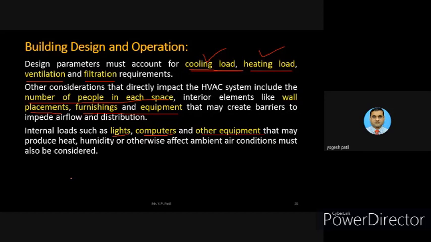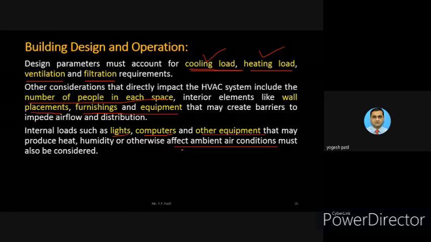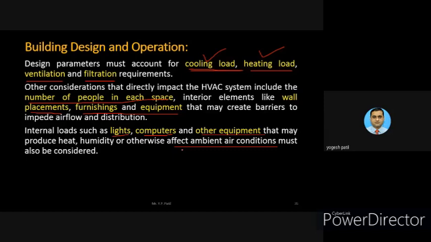Other equipment also needs to be considered, because all such electronic equipment produces heat and humidity or otherwise affects ambient air conditions. If we are not considering that, there may be a lacuna, and the comfort and safety that is the target is not achieved.